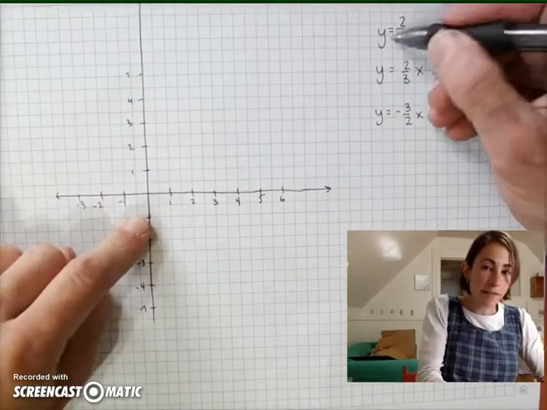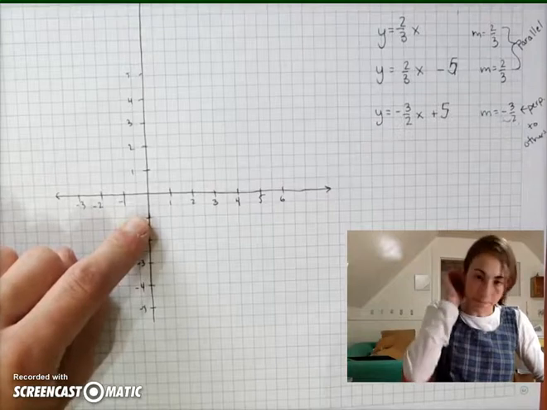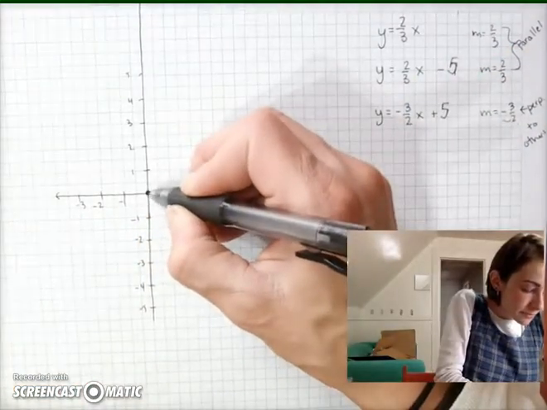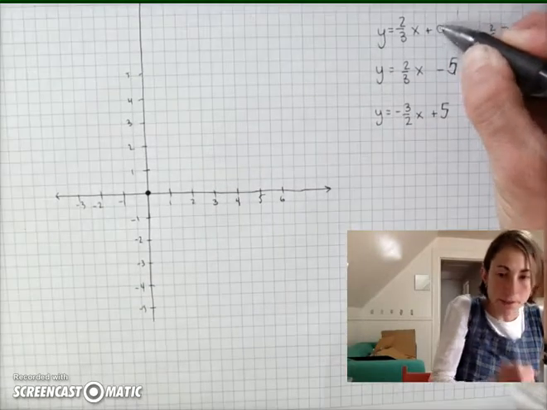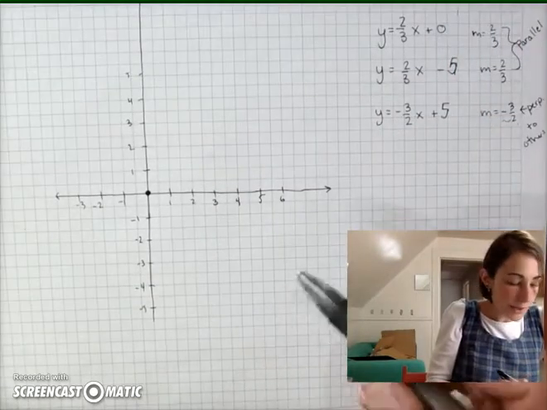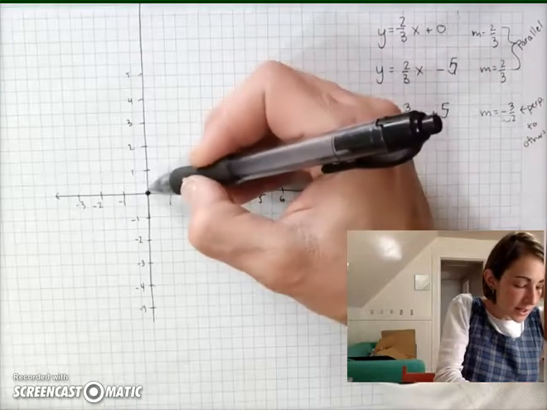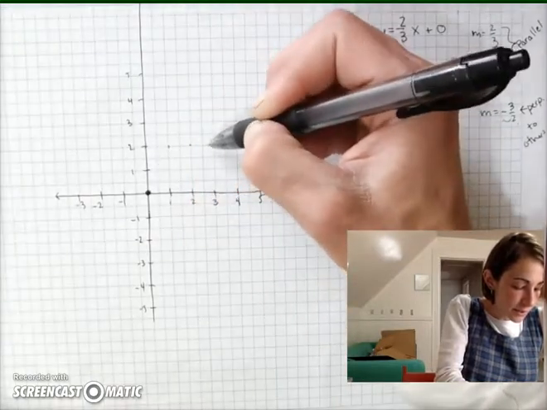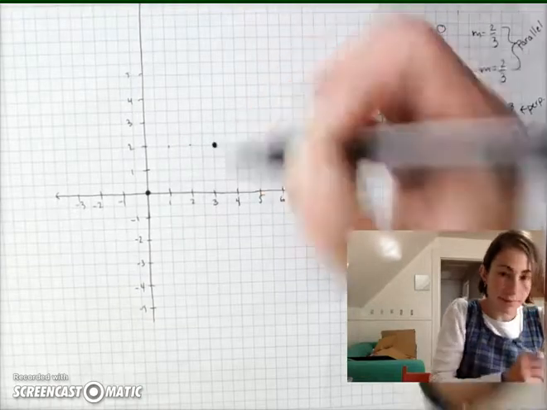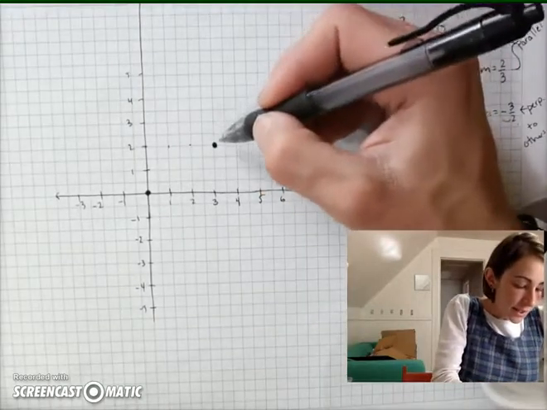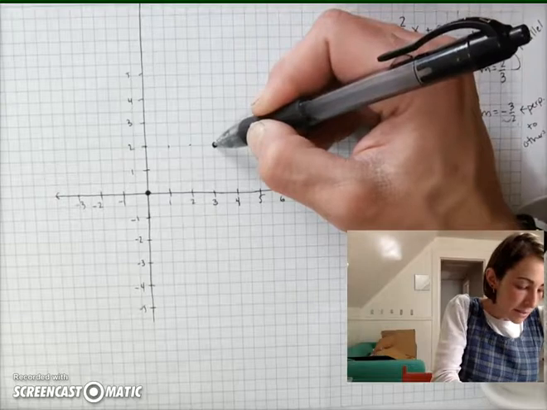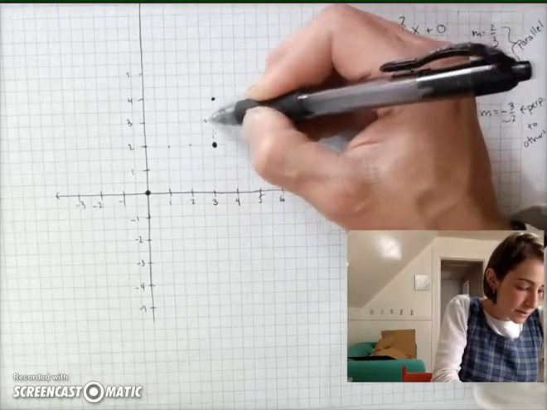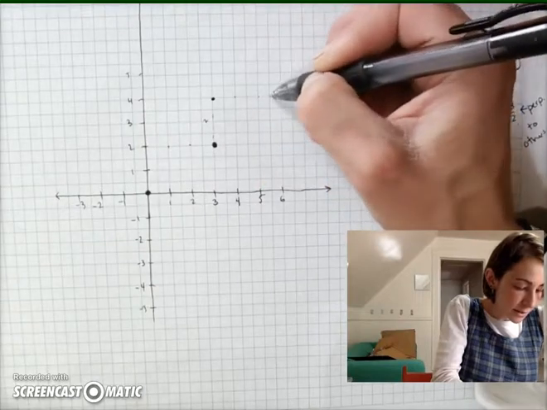So first we'll graph y equals 2/3 x. So the y-intercept is 0, because this is 2/3 x plus 0. And the slope is 2/3. So I rise 2 and go over 1, 2, 3 to get my next point. Let's do one more point just for good measure. Rise 2, over 1, 2, 3.